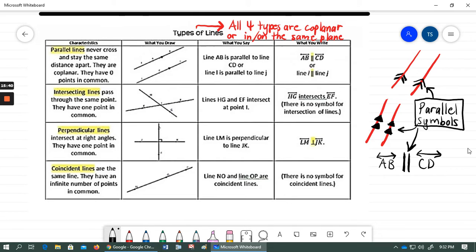Some of them are symbols you'll see on diagrams, and some of them are just symbols that'll be written to let you know that you've got two parallel lines, like what you see here.